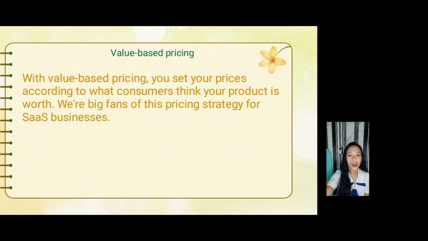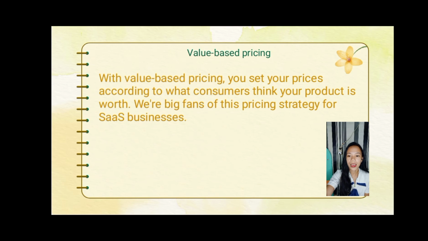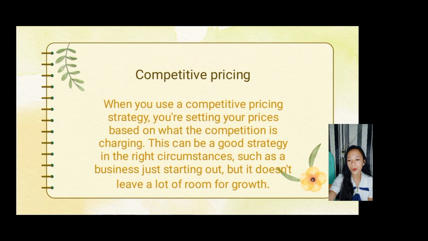First, value-based pricing. With value-based pricing, you set your prices according to what consumers think your product is worth. We're big fans of this pricing strategy for SaaS businesses. Second, competitive pricing.